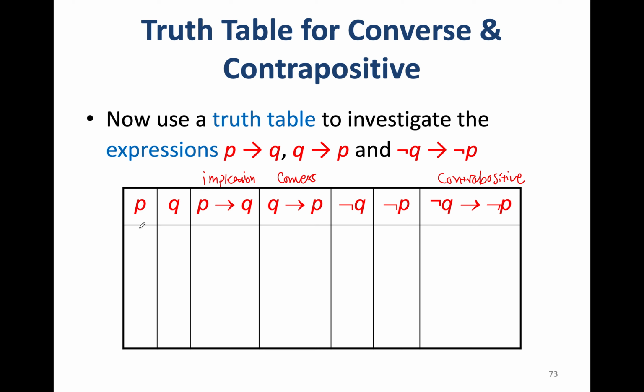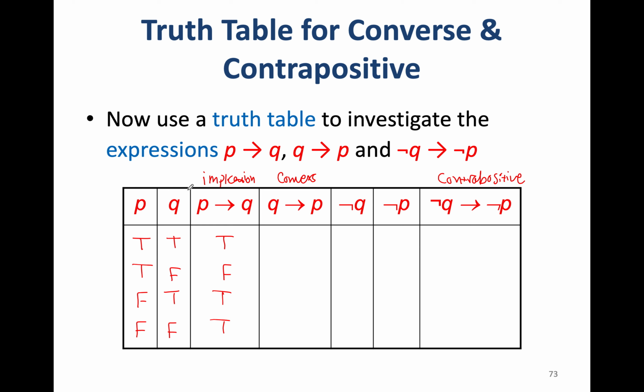Now, if we have two propositions, then we are expecting to have 4 rows. P is true, true, false, false. And here Q is true, false, true, and false. Now, if P then Q will be false if the first proposition is true and the second is false. Otherwise, it is true.